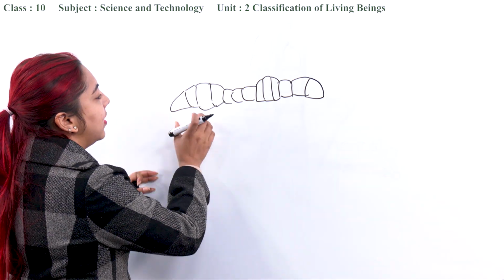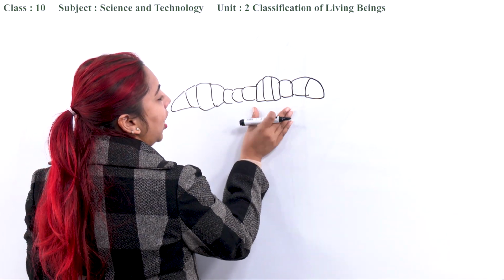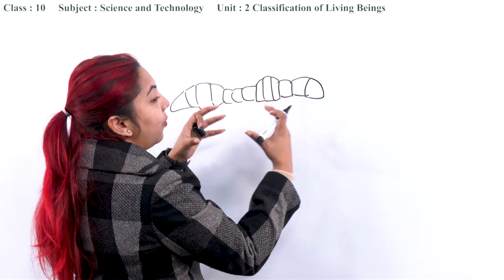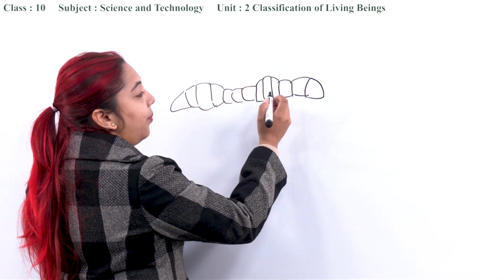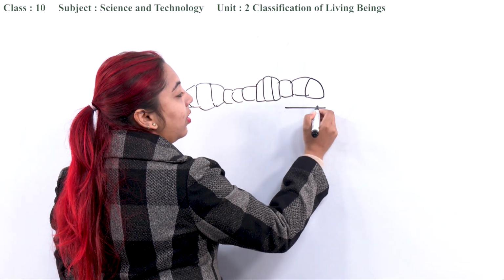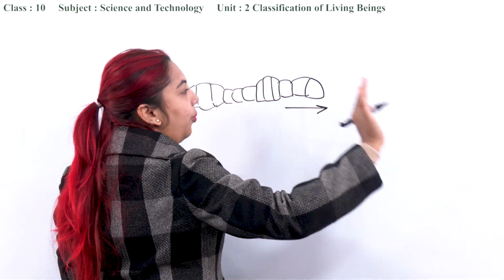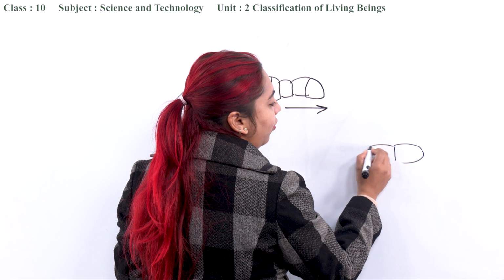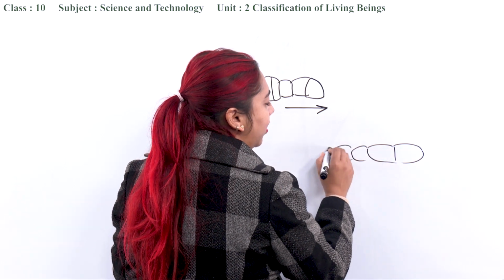So what happens if these segments come together and compress in this way? Pressure builds up in the body, and it helps the organism to propel forward. So now it will move forward.